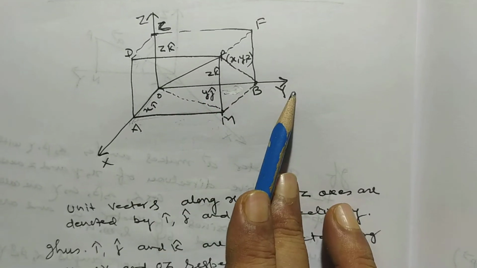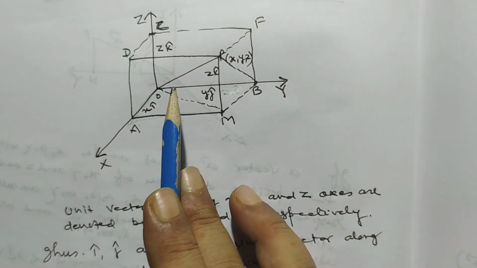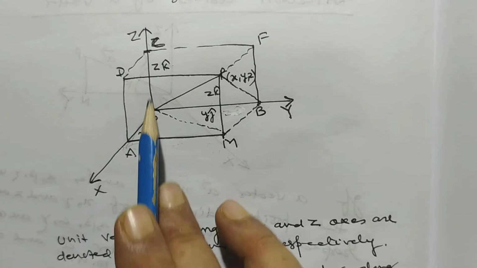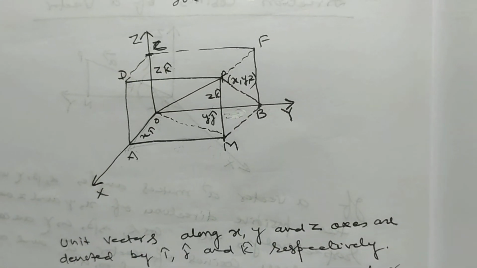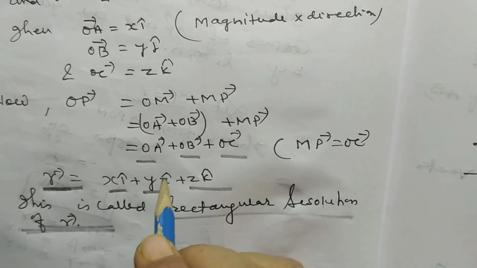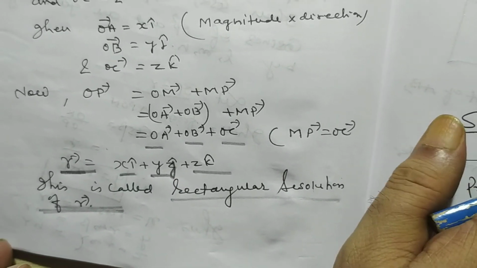Similarly, j is the unit vector which is directed along the y-axis, and similarly k is the unit vector directed along the z-axis. So, my dear student, finally we have vector R is equal to xi plus yj plus zk.